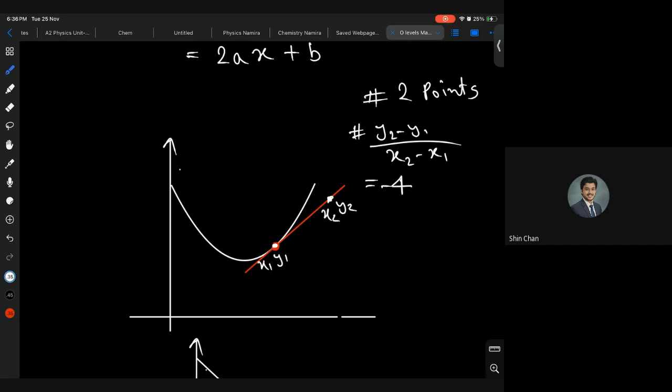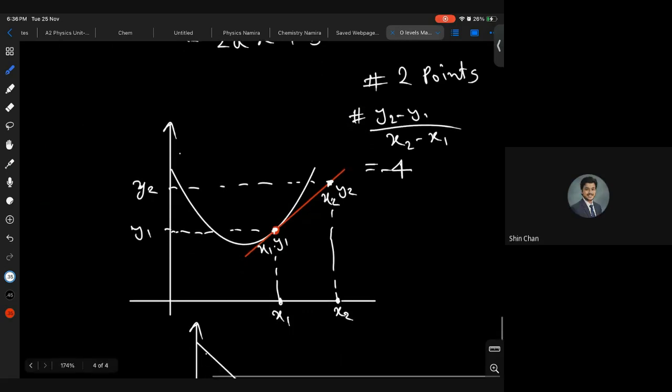How do you find the x value? From the bottom line, here and here, x1 and x2, and the y values from here, y2 and y1. So what was the actual formula?